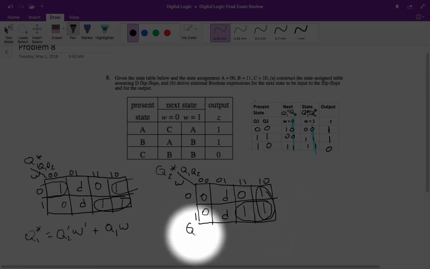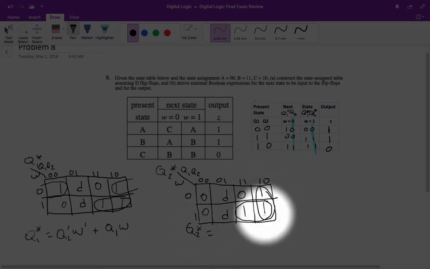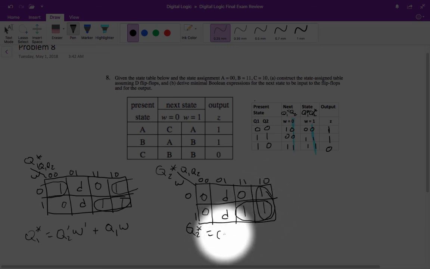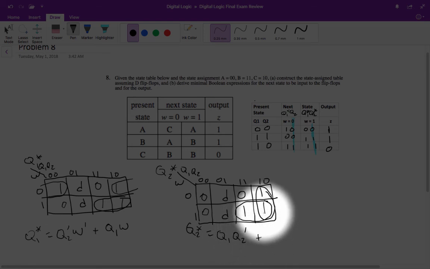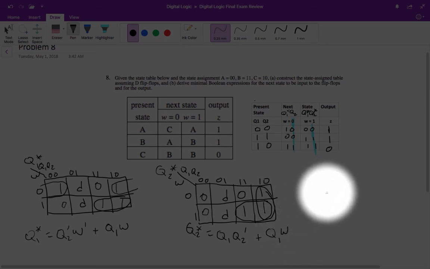And we get that Q2 star equals, in this column, Q1 is 1 and Q2 is 0, so that would be Q1 Q2 prime. And in this group, Q1 is always 1 and W is always 1. So our expression for Q2 star is Q1 Q2 prime plus Q1 W.